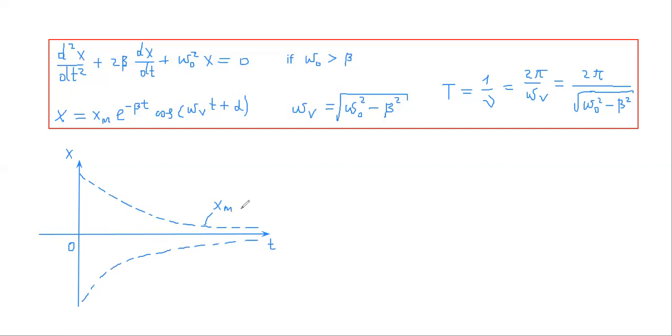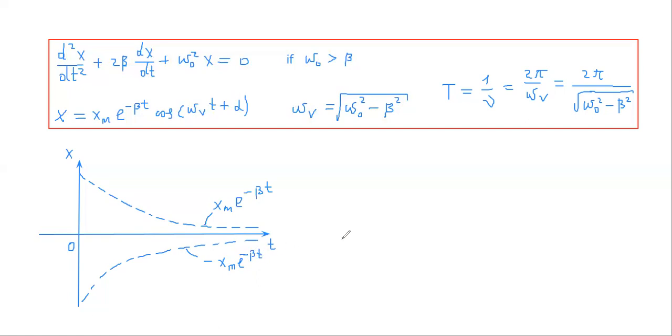And this is xm multiplied by e to the power of minus beta t. And here minus xm e to the power of minus beta t.